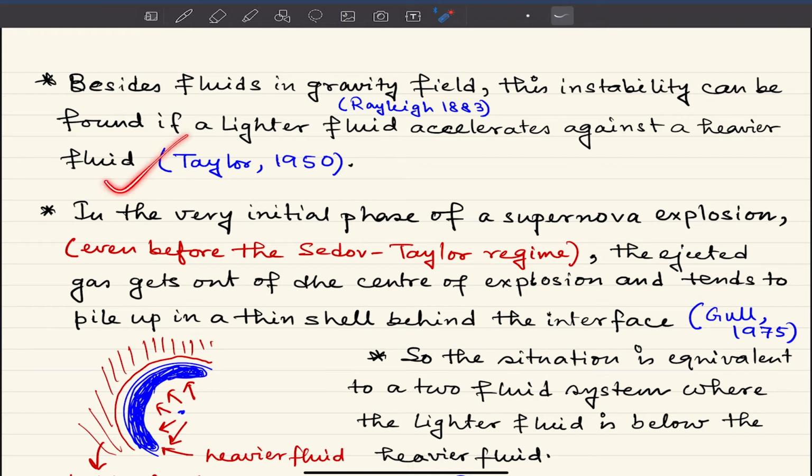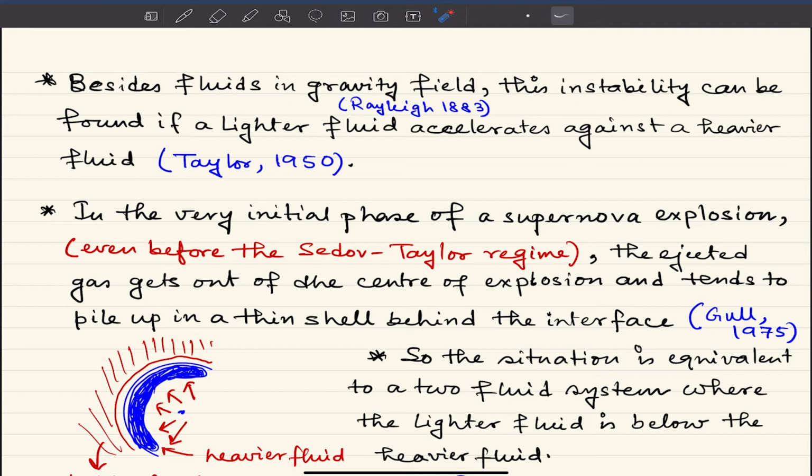And that was done by Taylor, okay, 67 years later, 1950. So this is the same Taylor who worked on the Sedov-Taylor blast wave during the supernova explosion, using the blast waves during the Second World War for the atomic bomb explosion.